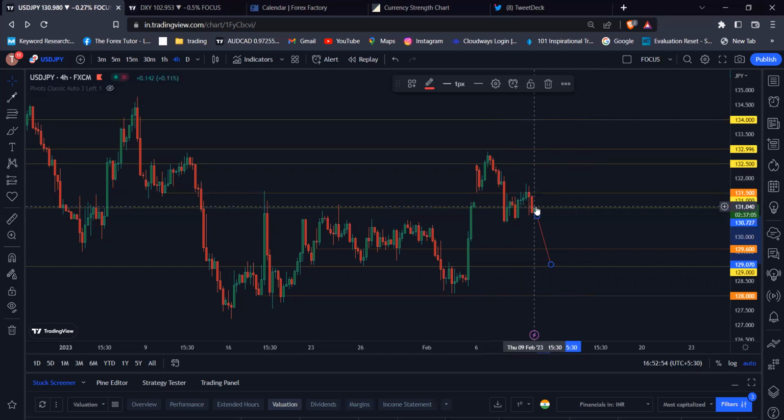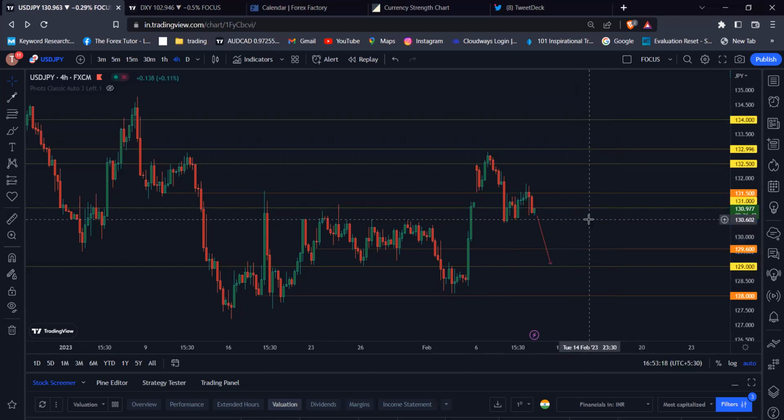If the dollar index gains some bullish momentum, then the first target for USD Yen should be the 132.9996 psychological number, and if it breaks above, then the 134.00 psychological number.